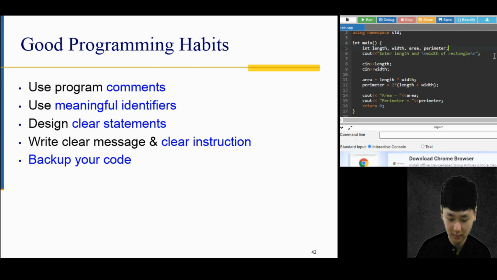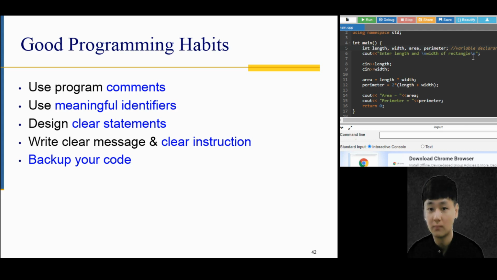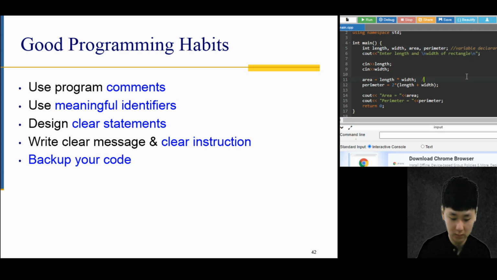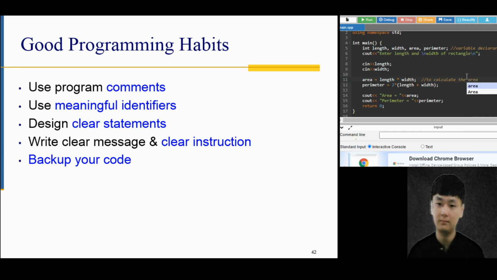And maybe this one, to calculate the area, and so on. Always put comments.